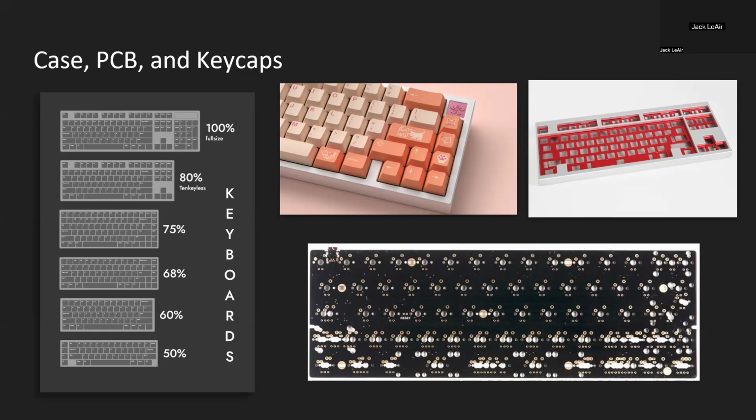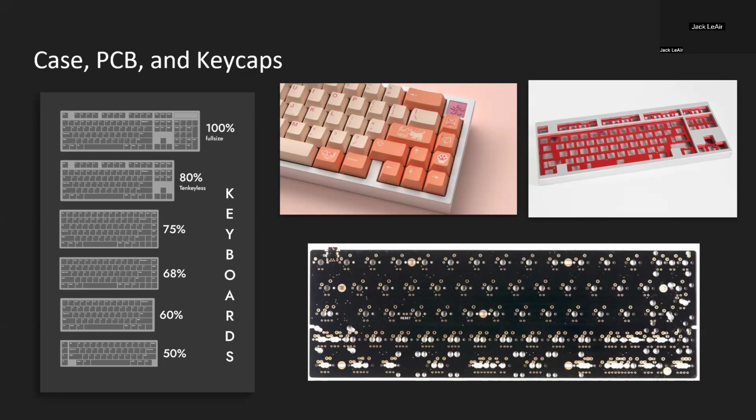The PCB, which is what you see in the image on the bottom, is the circuit board that connects all of the switches and also connects to the computer. On the top left, you can see that there's, I think, a USB-C, and it would connect to the computer with the USB-C to USB-A. PCBs can have options such as RGB lighting or macros, so they can vary in that type of way.